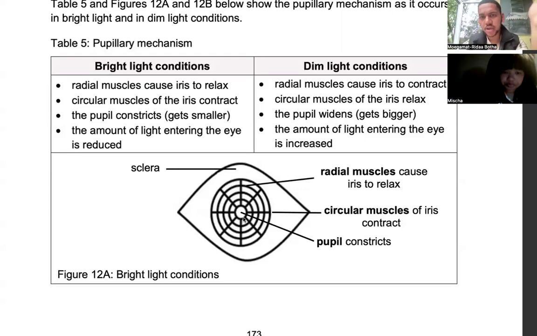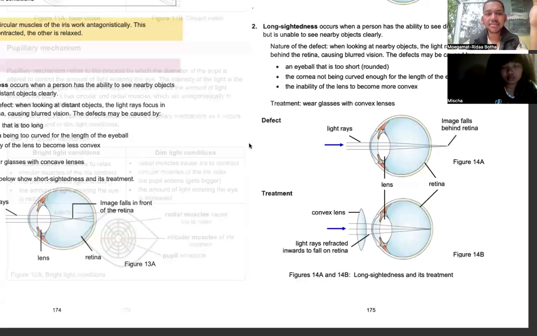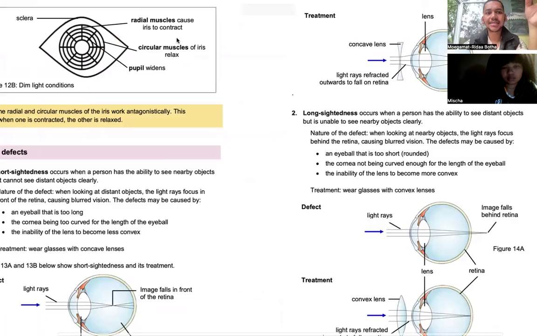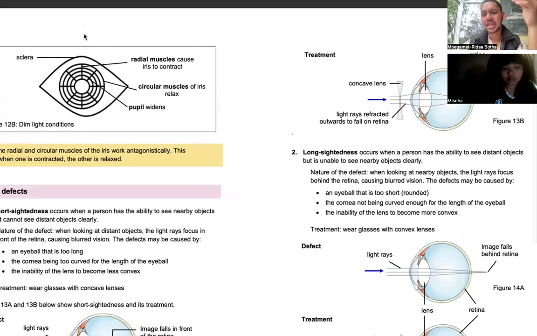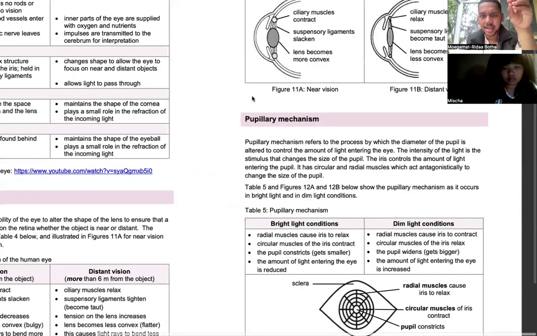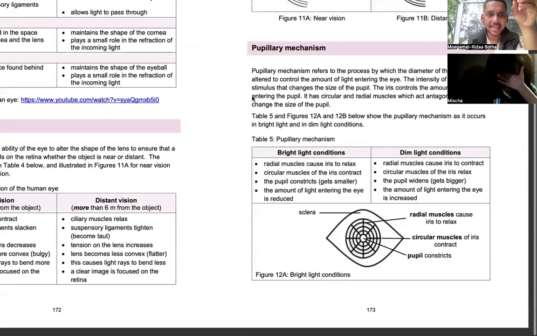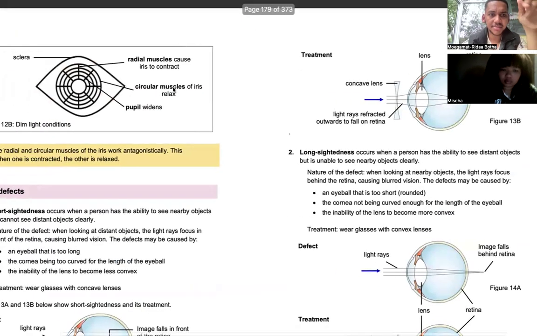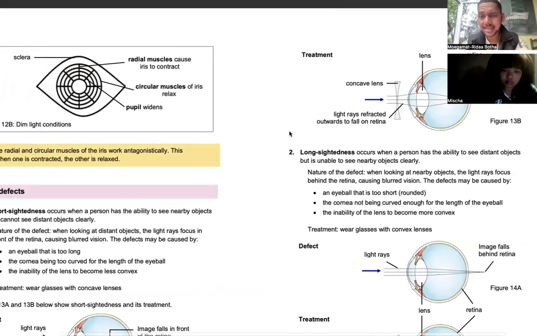In dark light conditions, the radial muscles contract. So on the image, you'll see that the radial muscles now contract, and the circular muscles of the iris relax.